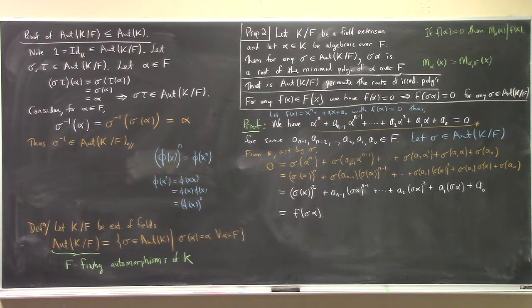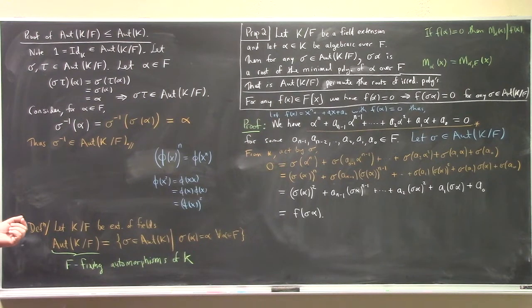I think it's interesting to notice that even if the automorphism is not F-fixing, this calculation still says something. It still says that if you take a root of f and you map it under an isomorphism, you do get that sigma alpha is a root of another polynomial equation.